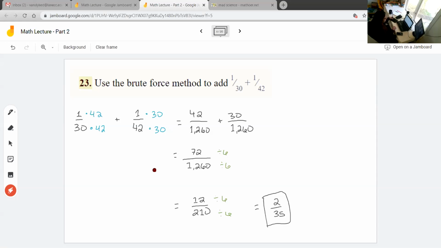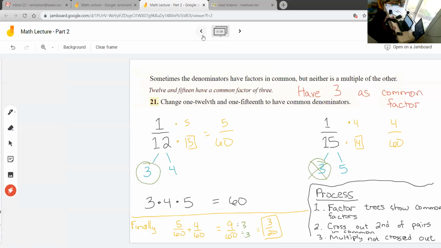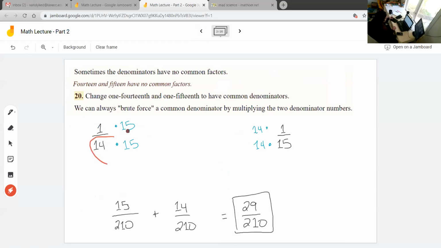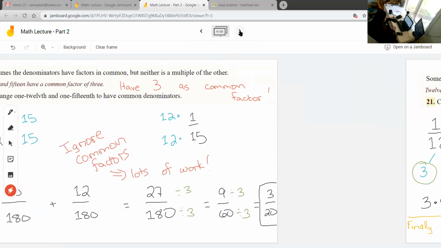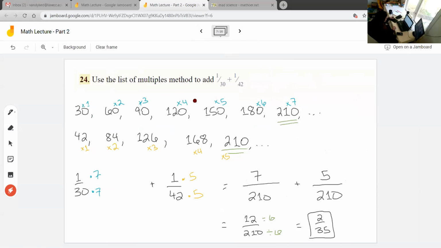That will always work. It might make something huge, but that's okay. Reducing isn't too bad. And when there's nothing in common, I have to do it that way. There's no shortcut I can use. Lastly, you can always just make lists for each denominator's times tables and pick the smallest thing on both lists.